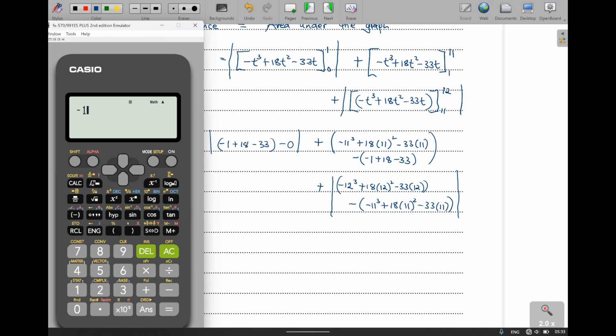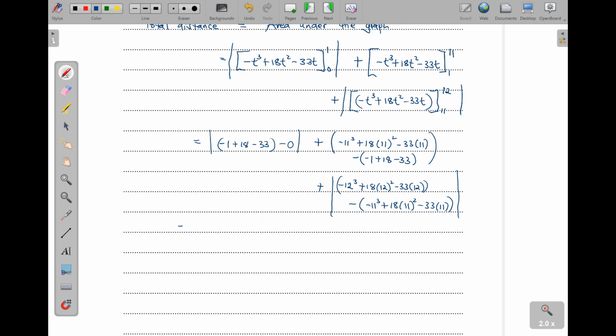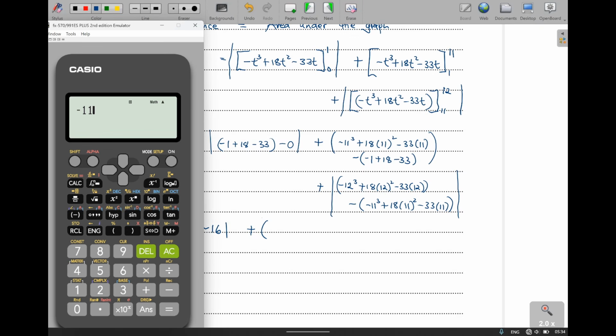Negative 1 plus 18 minus 33 gives us negative 16. So you see that the area under the curve is a negative, so negative 16. And then we put plus. How about inside here? Negative 11 cubed plus 18, 11 squared, then minus 33, then times 11.